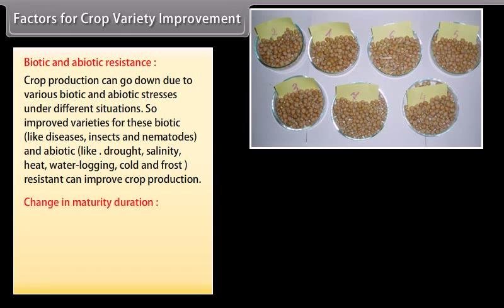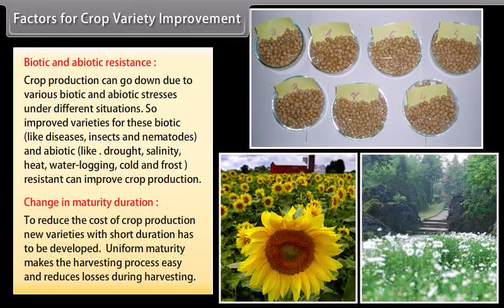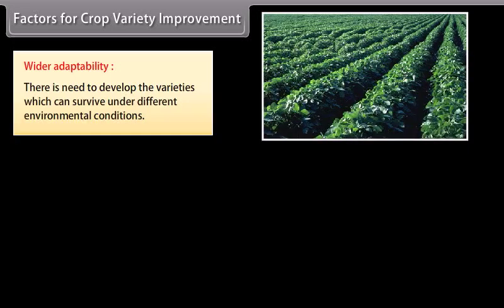Change in maturity duration. To reduce the cost of crop production, new varieties with short duration has to be developed. Uniform maturity makes the harvesting process easy and reduces losses during harvesting. Wider adaptability. There is need to develop the varieties which can survive under different environmental conditions.